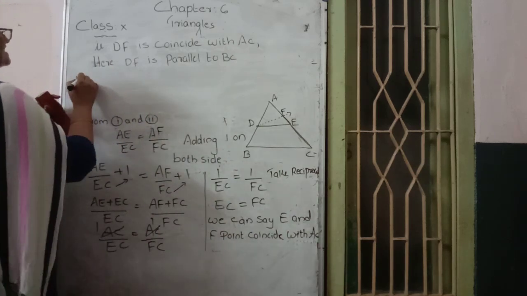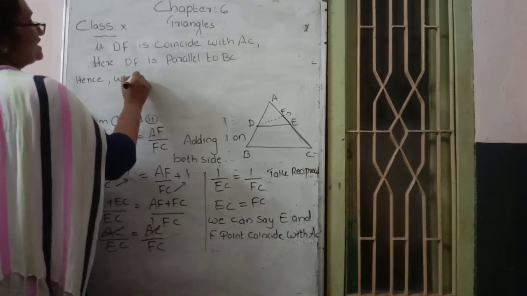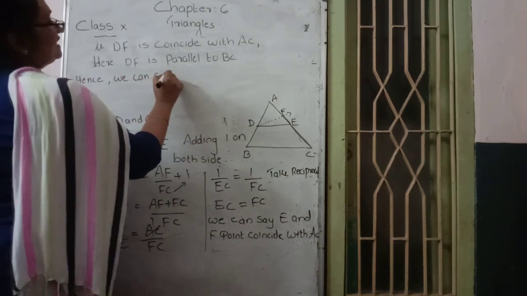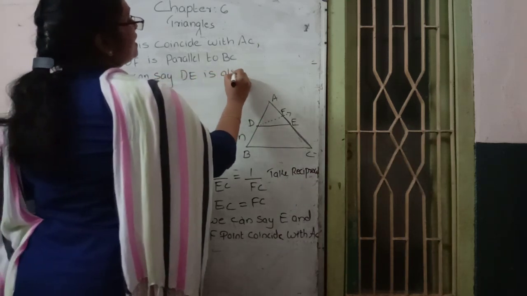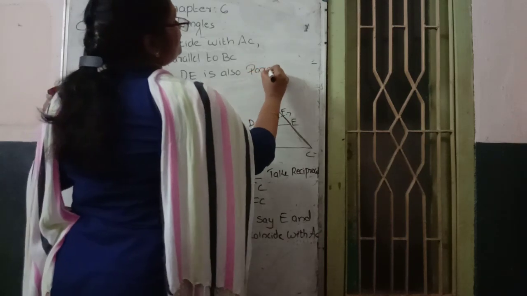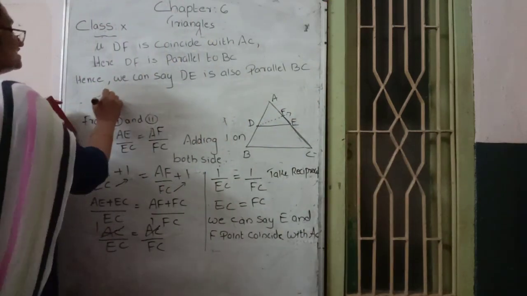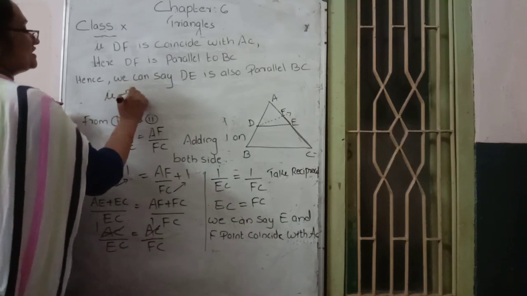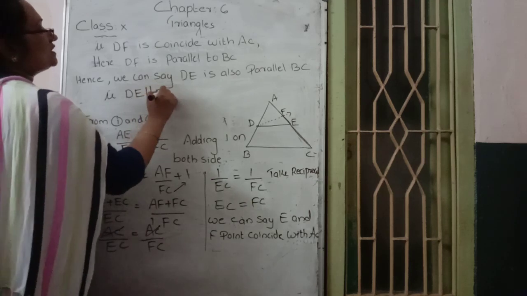So hence we can say DE is also parallel to which side? The BC side. In symbolic form we write it as DE is parallel to BC.